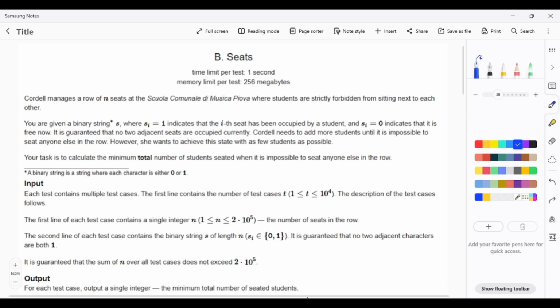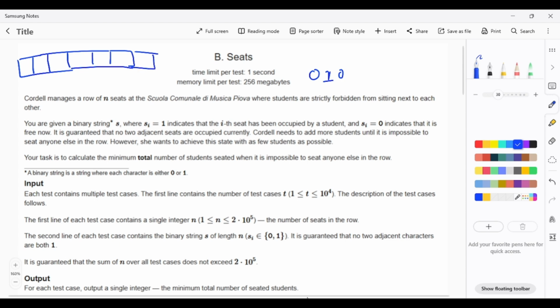Hello viewers, today we will speak about this B problem of Codeforces round 1077. Here basically we are given a binary string which contains zeros and ones. Imagine that there is a bench where students can sit.